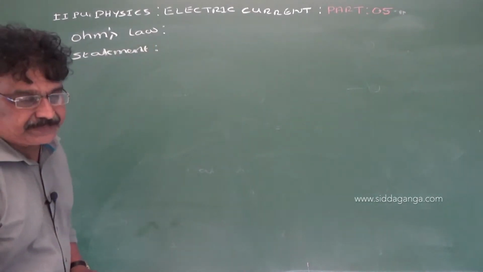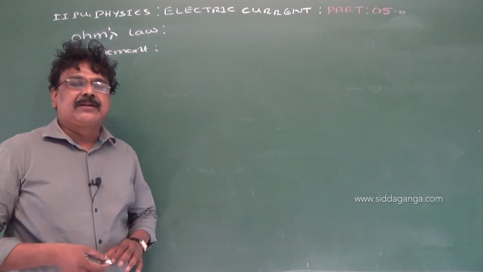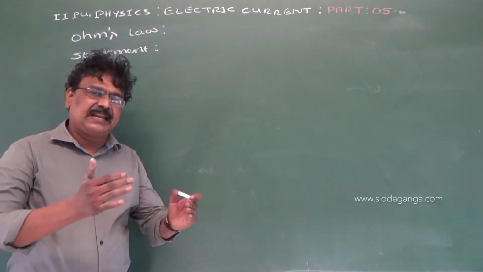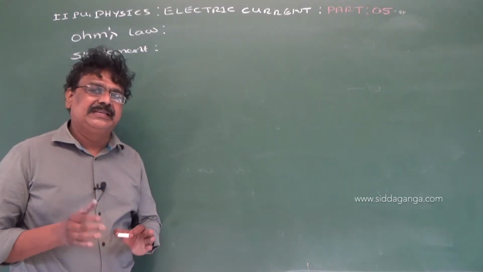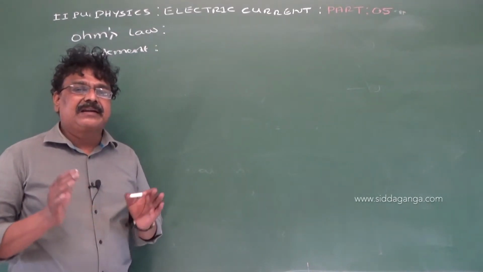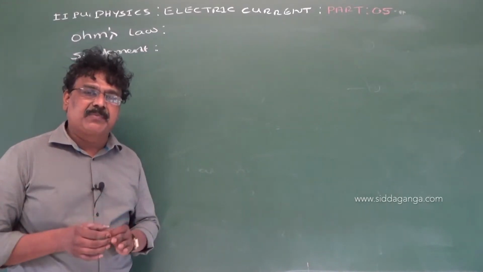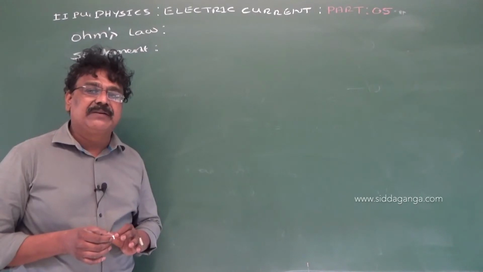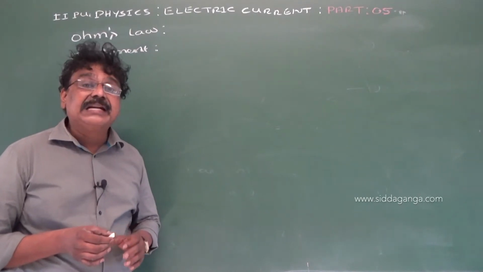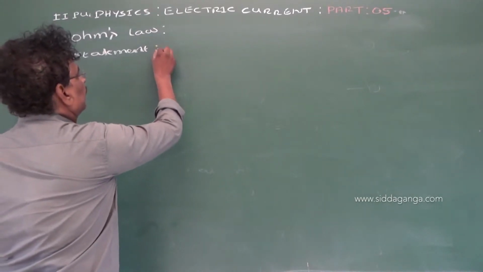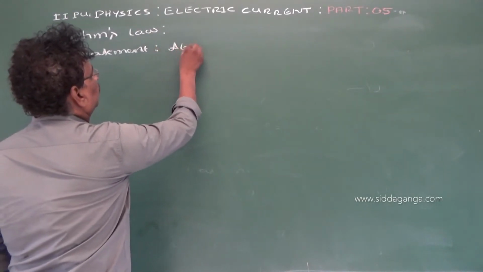It states that at constant temperature and other physical conditions remain same, electric current flowing through a conductor is directly proportional to potential difference between ends of the conductor, right? The statement.